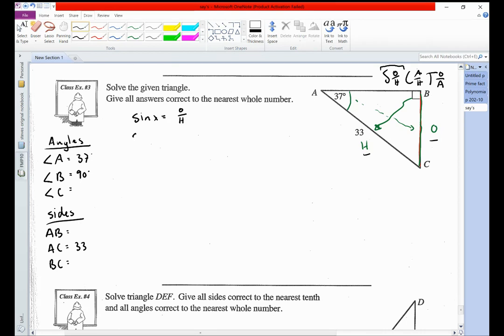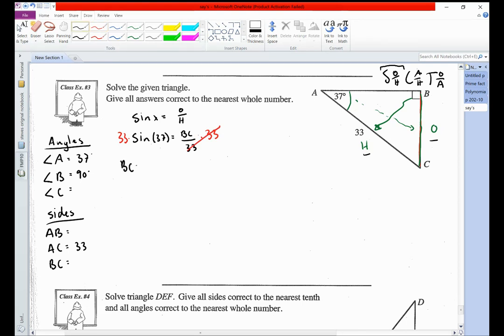And then I'll just plug the information in that I know. Sine of 37 is opposite, maybe I'll say side BC over 33. I'll try not to use O because O looks like 0. So in order to solve for BC, I have to multiply both sides by 33. That will cancel out on this side.